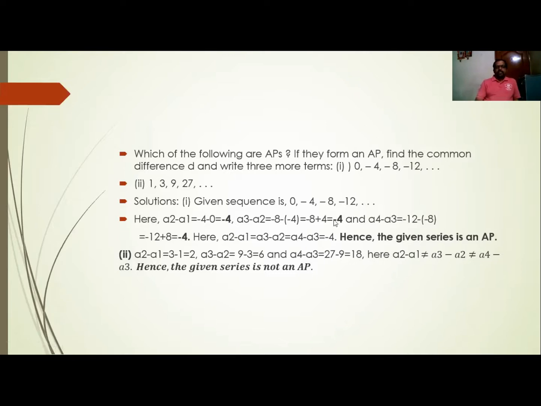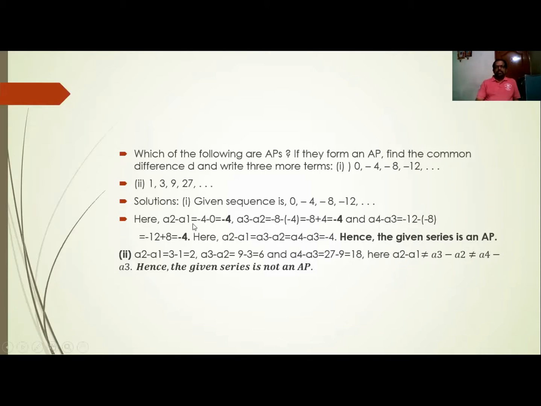The given list of numbers, or sequence, or series, is 0, minus 4, minus 8 and minus 12 and so on. Let's find the common difference. We can find A2 minus A1, then A3 minus A2, then A4 minus A3 and so on.